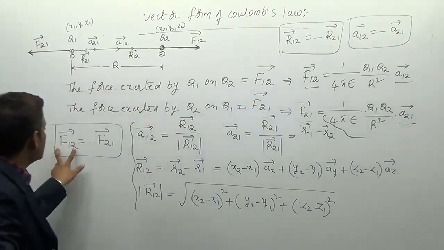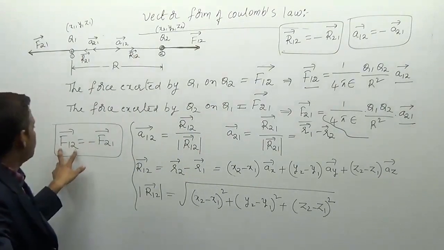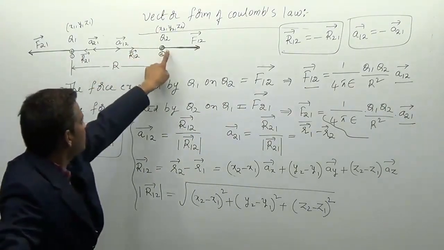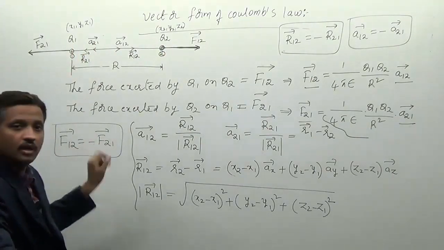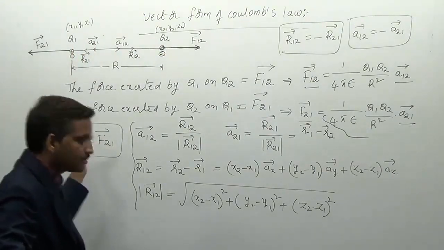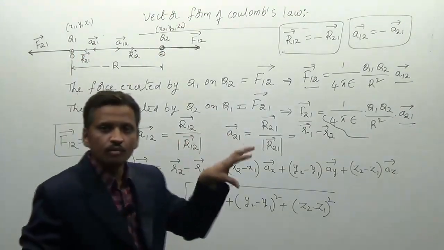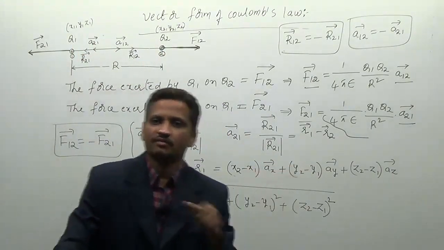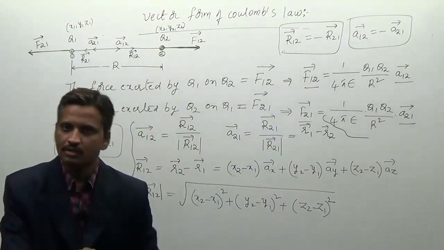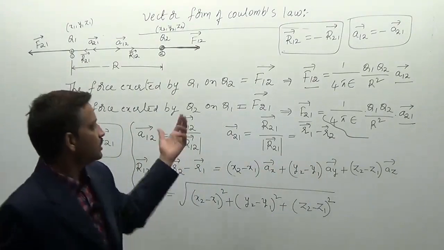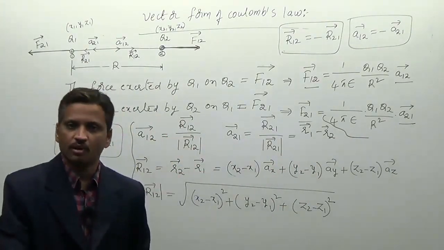That means the force exerted by Q1 on Q2, which is F12, and the force exerted by Q2 on Q1, which is F21, are exactly equal in magnitude, but exactly opposite in direction. This is what Coulomb's law in vector form is going to give us. We can see problems later, once we complete the entire analysis.